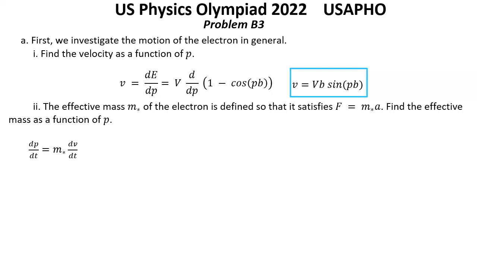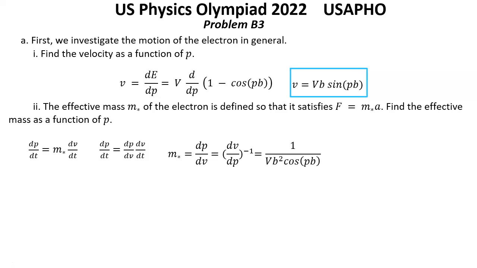So by the chain rule, we have ∂p over ∂t equal ∂p over ∂v multiplied by acceleration ∂v over ∂t, and putting this expression into the first formula and cancelling ∂v over ∂t, we have m star equal ∂p over ∂v.